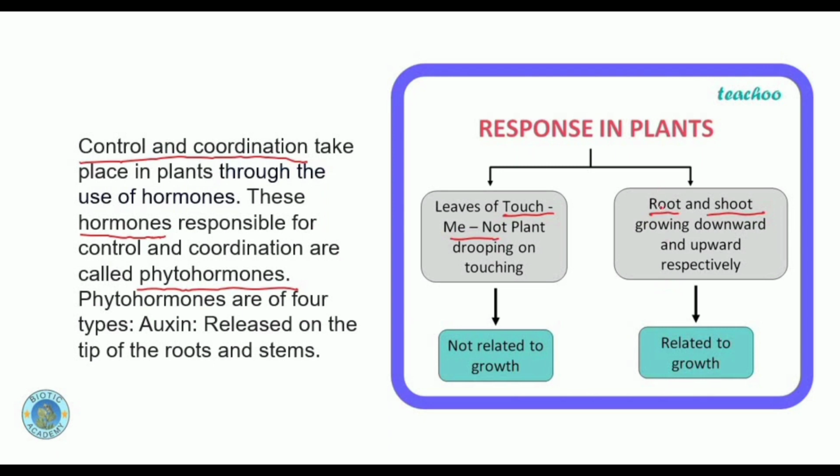Sometimes it shows its response towards the stimuli, but most of the time we see that the plant shows a negative response to the particular stimuli.